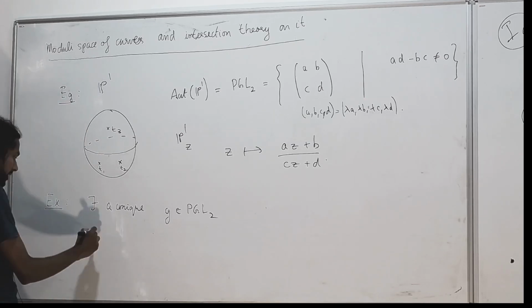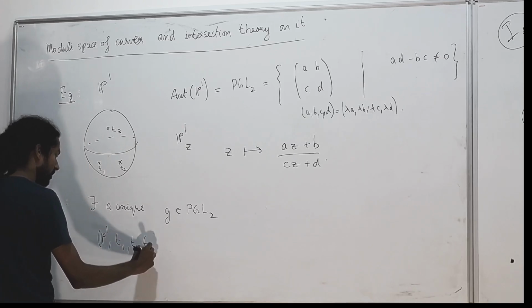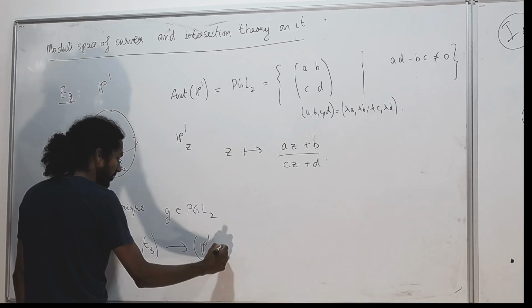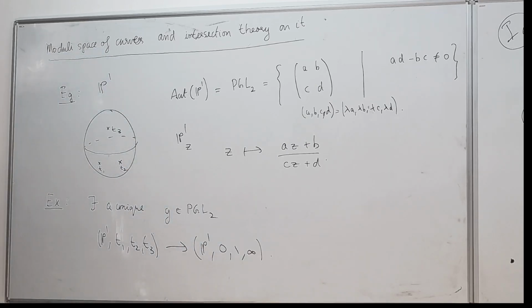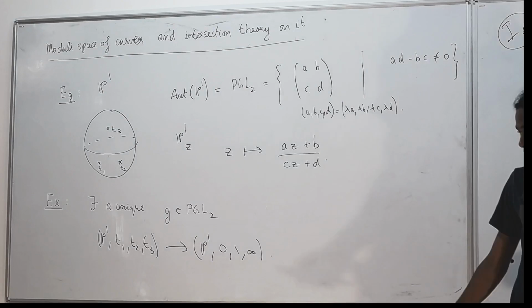Here let's choose them to be 0, 1, and infinity. And this essentially uses up all of the automorphisms of the curve, so this is unique.